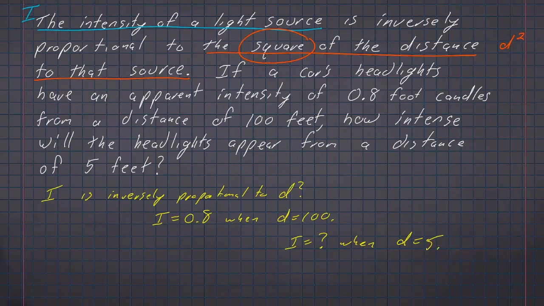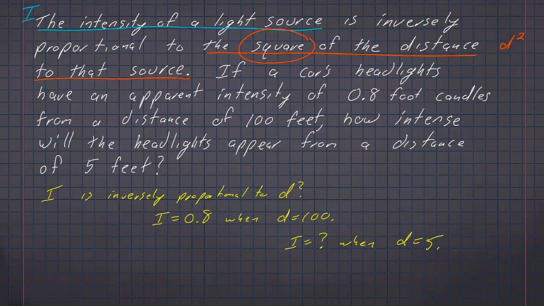Taking a paragraph of information and abstracting away, we don't care about the fact that we're talking about a car's headlights or the intensity of a light source. We're just talking about some measured thing called I. We don't care about the distance we are away from the light source. We're just talking about some measurement we call d.